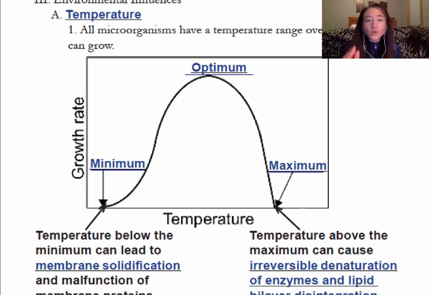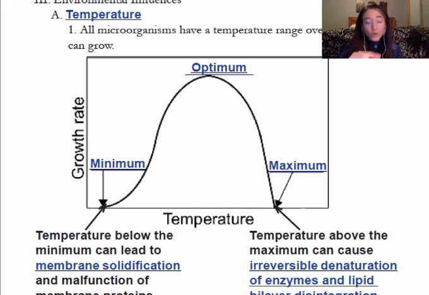This particular graph shows that growth curve, and you'll notice that within that 15 to 30 degree range, there are three cardinal temperatures: the minimum, the optimum, and the maximum. Of course, we can guess that the optimum is the temperature at which the microorganism's growth rate is the highest, the minimum, the lowest temperature at which it can grow, and the maximum, the highest.